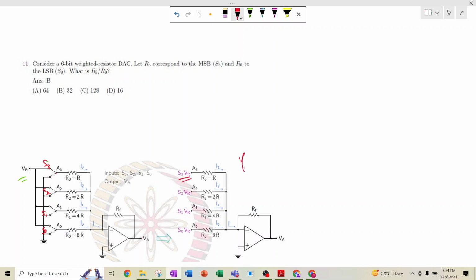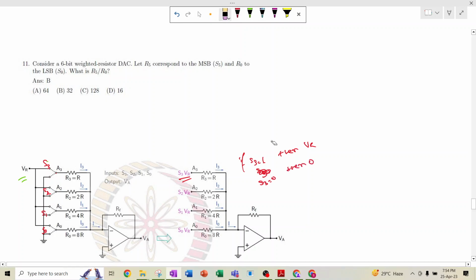If S3 equals 1, it is connected to VR, and if S3 equals 0, it is connected to 0. Similarly, this is S2 VR, this is S1 VR, this is S0 VR.